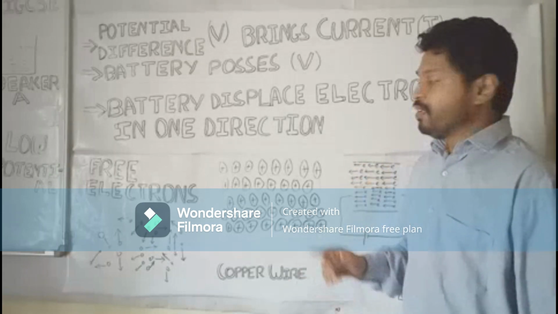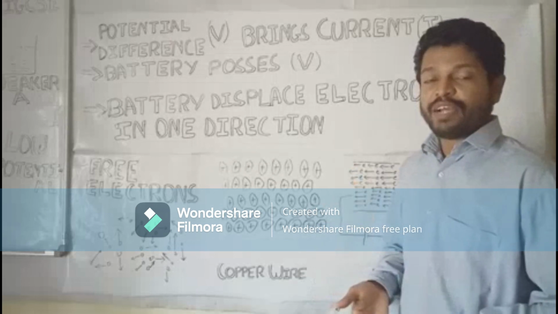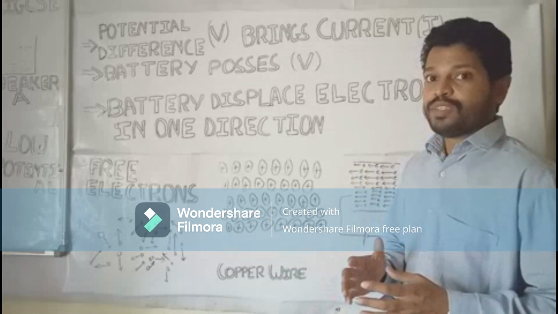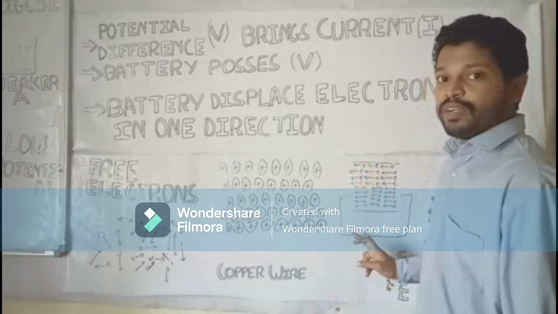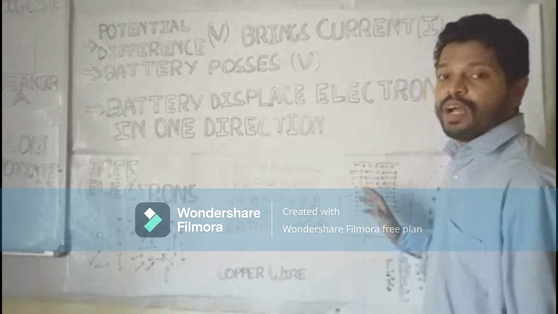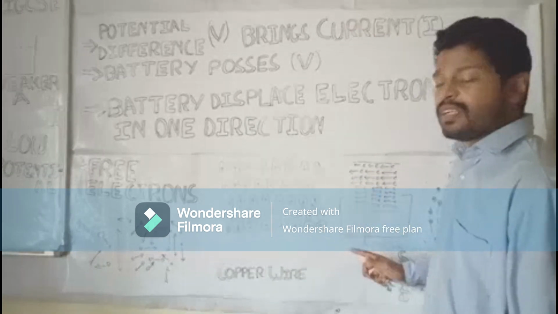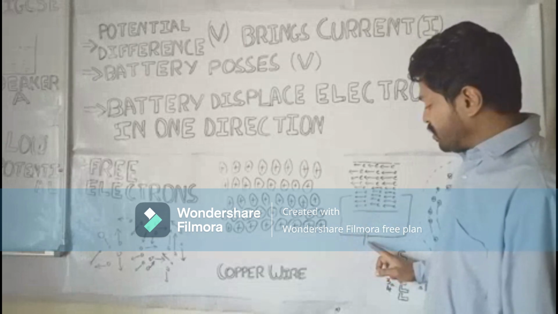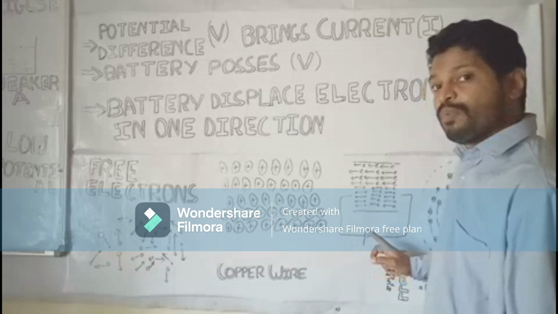This direction, in physics language, we call the electromotive force of the cell. The battery is responsible for the flow of electrons in one direction, because before connecting the battery, these electrons were roaming here and there at random velocities at room temperature itself. As soon as the battery is connected, these electrons move towards the positive terminal. You can see the bigger line represents the positive terminal.